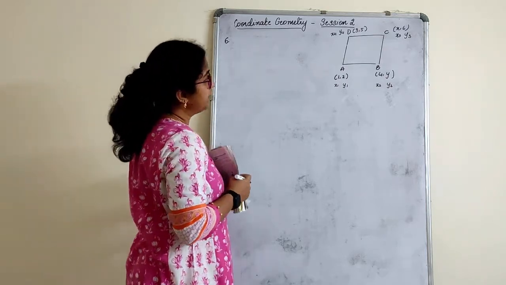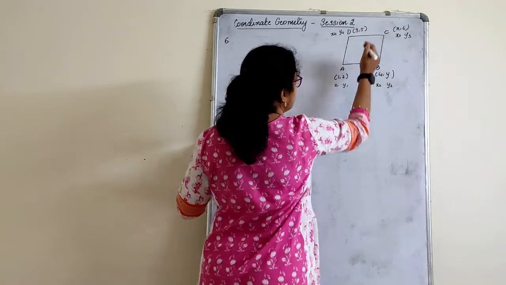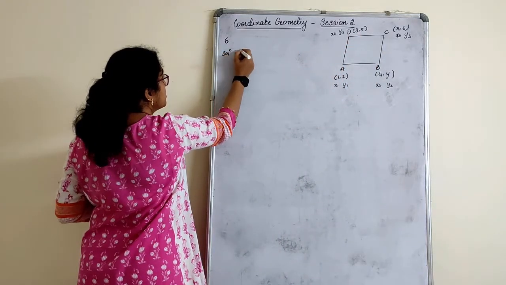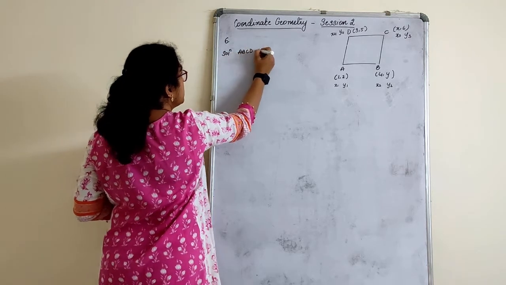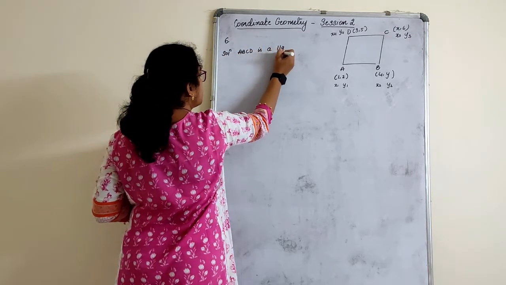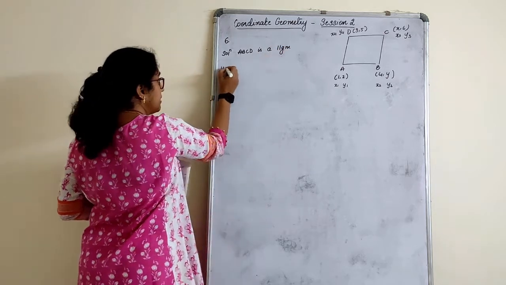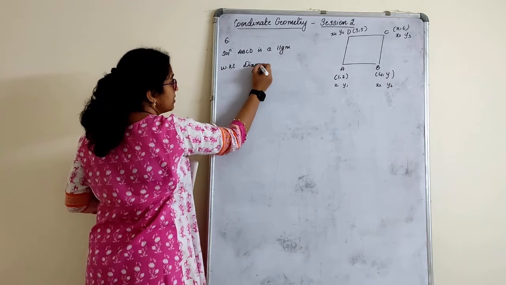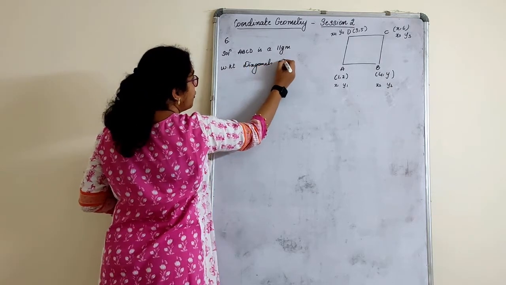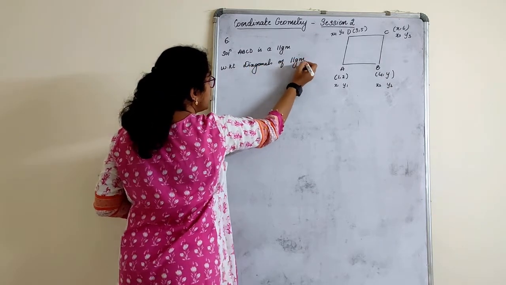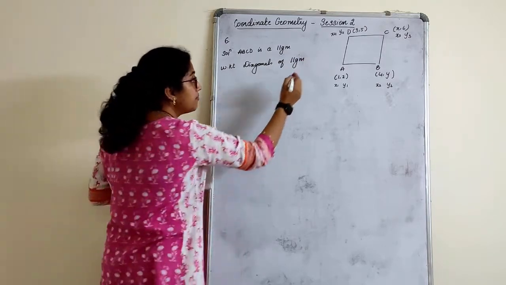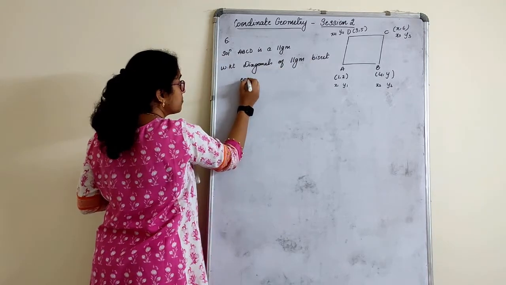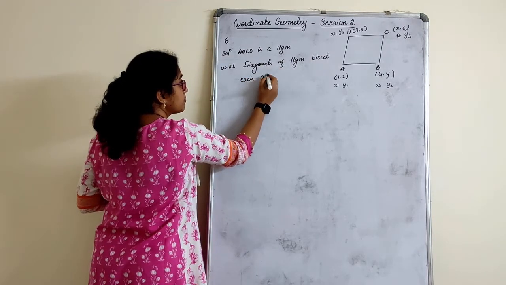To find x and y, children, here this is unknown, here this is also unknown. First of all, we will write ABCD is a parallelogram. Okay? Then we know the diagonal property of a parallelogram: diagonals bisect each other, which is very important here.